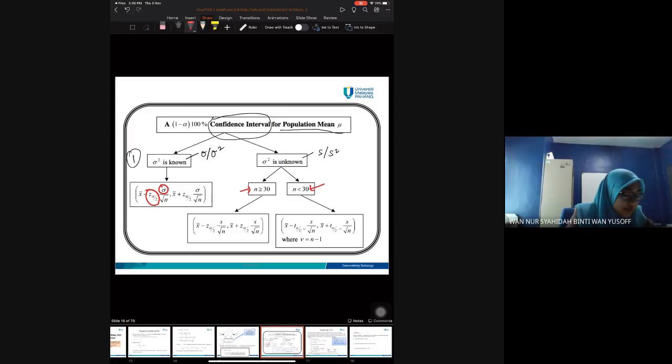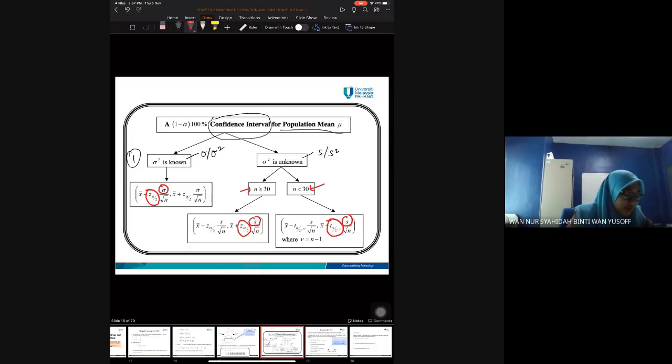When we have a large sample, meaning n is greater than or equal to 30, then we use the second formula here, the formula with S and Z distribution. And the third formula is for n less than 30, the formula with S and T.